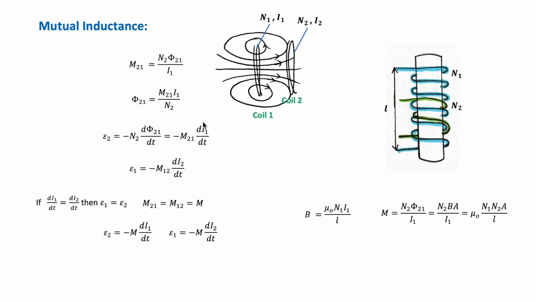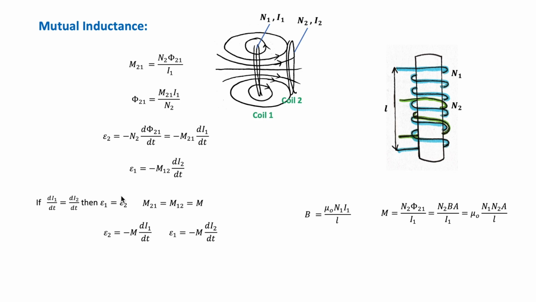So if I1 varies with time, then from Faraday's law, we have the induced electromotive force in coil 2 equal to minus N2 d phi 21 over dt, and this is equal to minus M21 dI1 over dt. And in a similar way, if I2 in coil 2 varies with time, then the induced electromotive force in coil 1 is equal to minus M12 dI2 over dt.